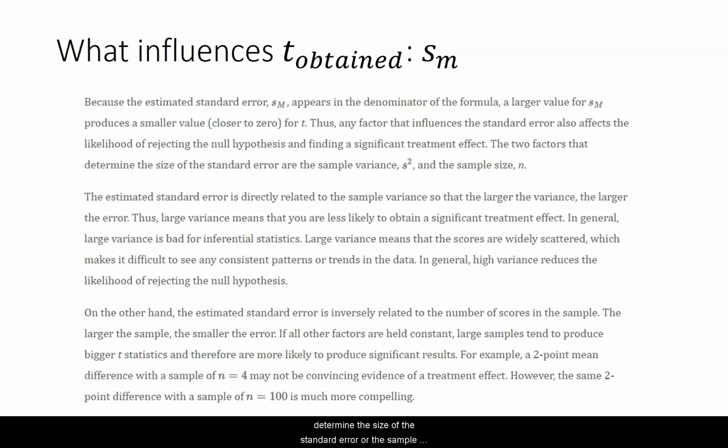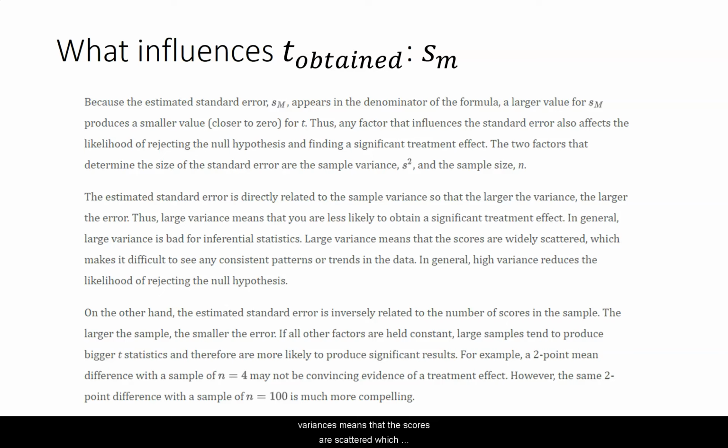The two factors that determine the size of the standard error are the sample variance, or the standard deviation, and the sample size n. The estimated standard error is directly related to the sample variance, so that the larger the variance and the larger the standard deviation, the larger the error. Thus, larger variances and larger standard deviations mean that you're less likely to obtain a significant t. It undercuts it. In general, large variance is bad for inference.